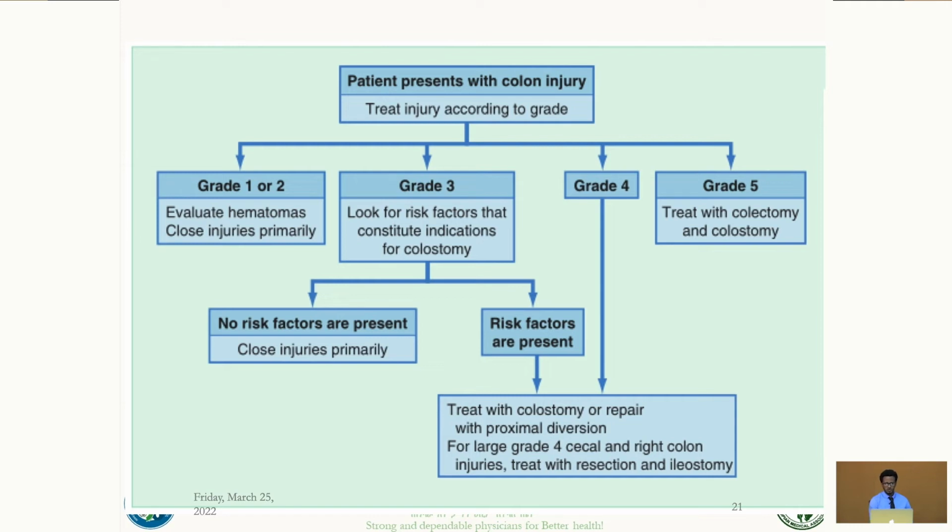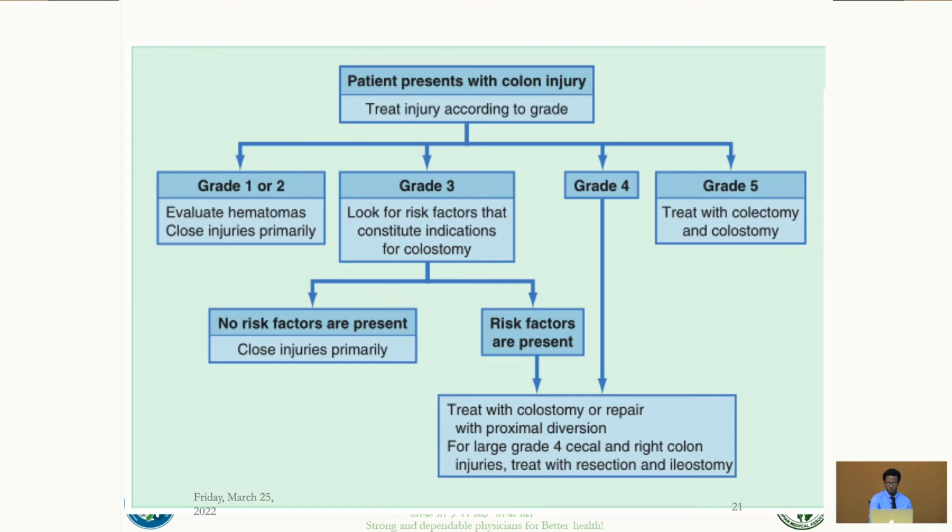For grade 1 and 2 injuries, the patient can have closure of the injury. For grade 3 injuries, we should see if the patient has risk factors that mandate a colostomy rather than primary resection and anastomosis.